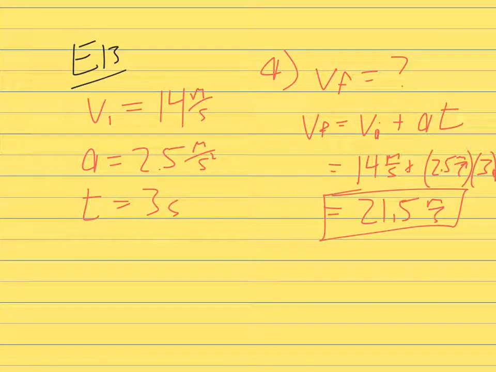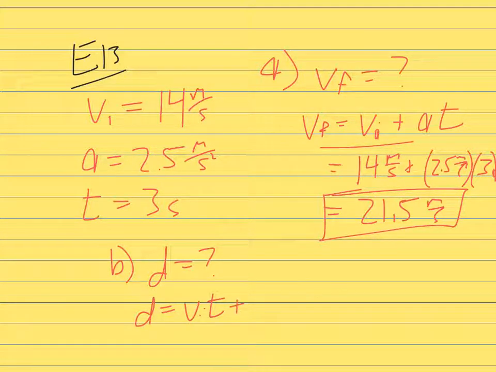Great. Part B asks us to find the distance traveled during that time. Looking at our other equations that we have, this tool up here, it doesn't work for this. There's no distance involved, but we do have a distance equation for an accelerating object. Distance traveled for an accelerating object is going to equal V initial times t plus 1/2 a t squared.